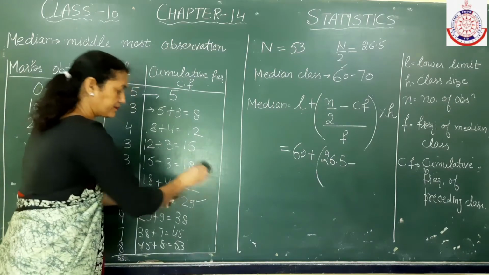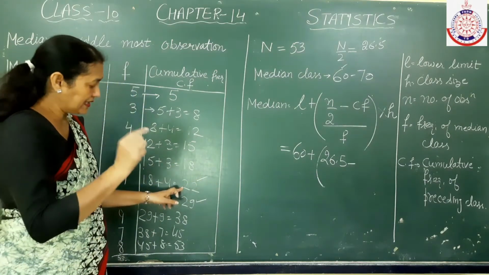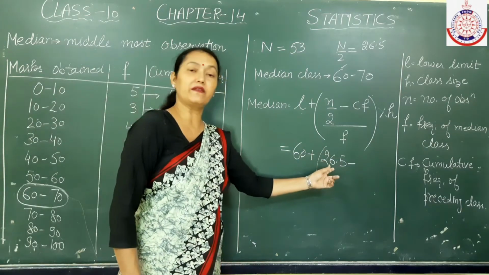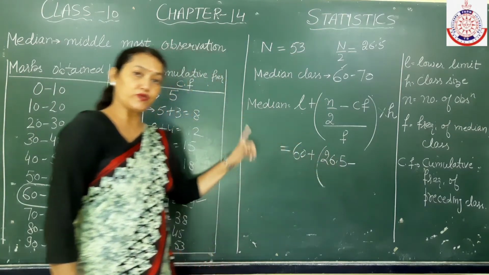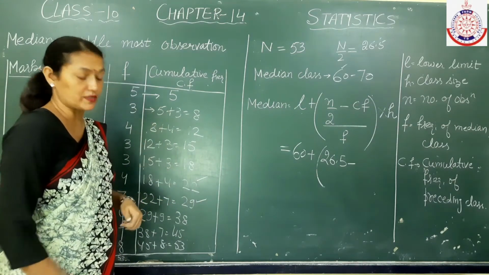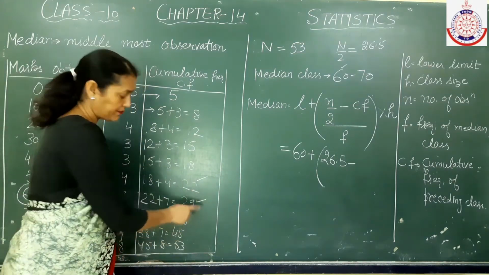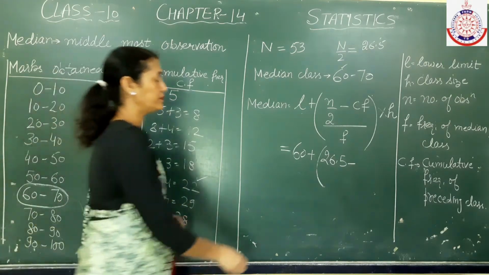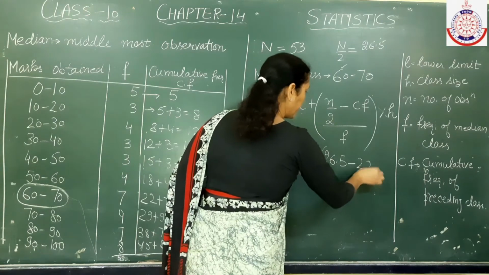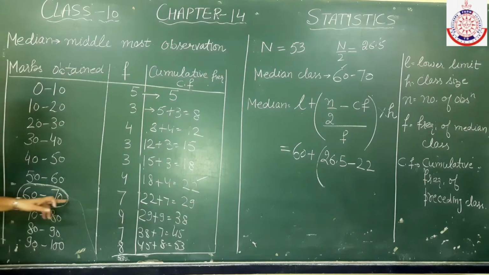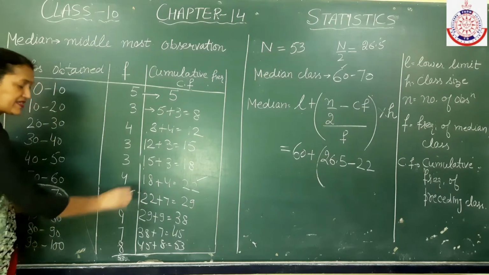You can clearly see that 29 is bigger than 26.5, so we choose the cumulative frequency of the class preceding the median class. So our cumulative frequency is 22. Frequency of the median class: this is our median class, so frequency will be 7.